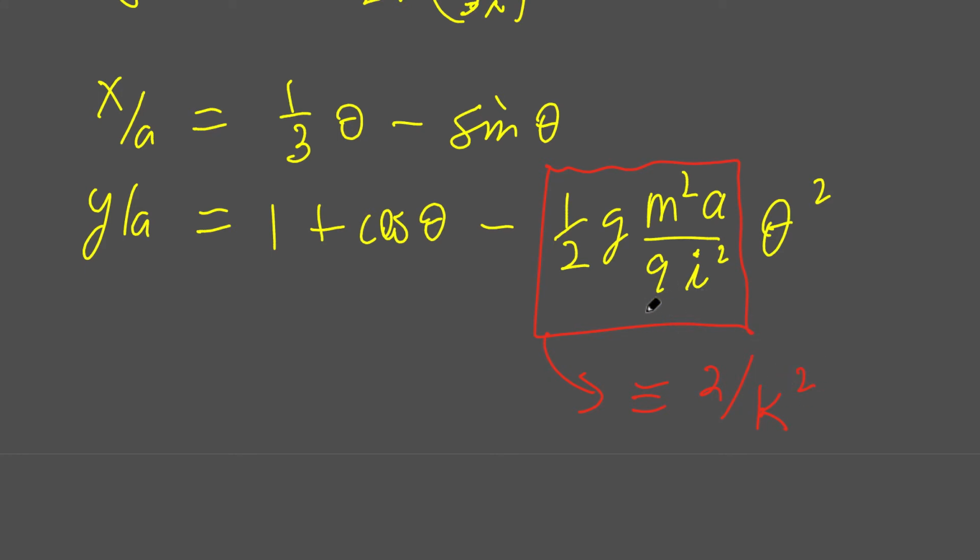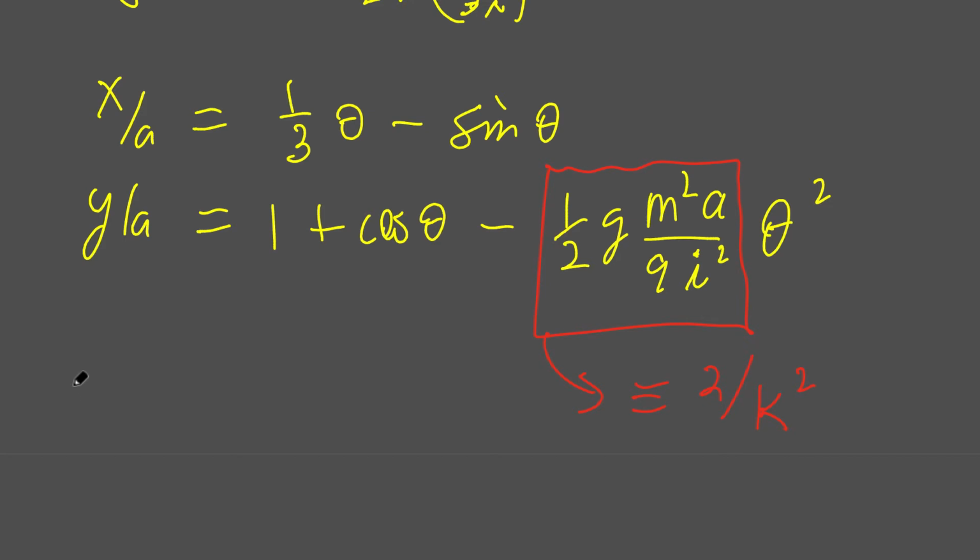Of course, the first time I went through the calculation, I just called this whole thing k, but then I later realized that the results would be a little bit nicer and easier to interpret if I let this group of constants be denoted 2 over k squared. One reason is that you can see here that k is going to be proportional to I, the impulse or the kick. So that's a good reason for using k. K stands for kick.